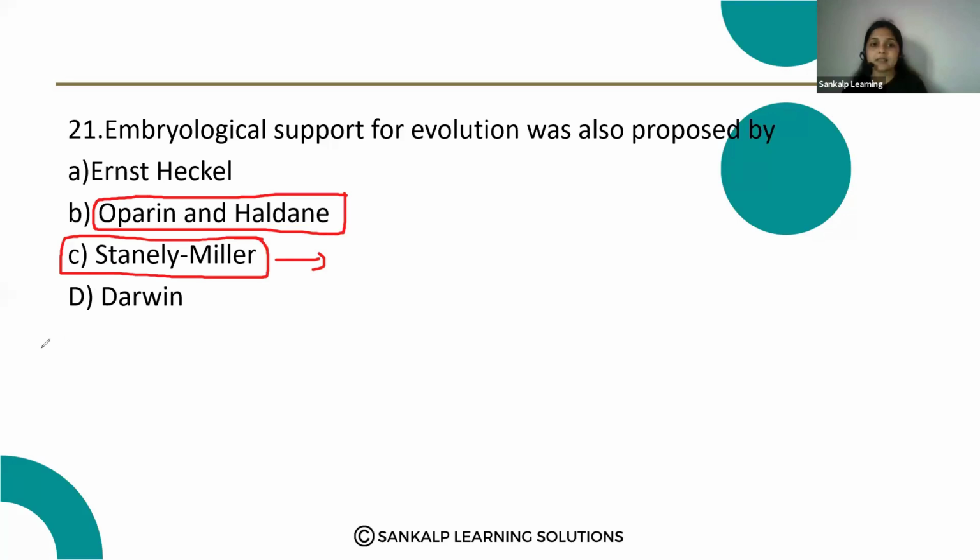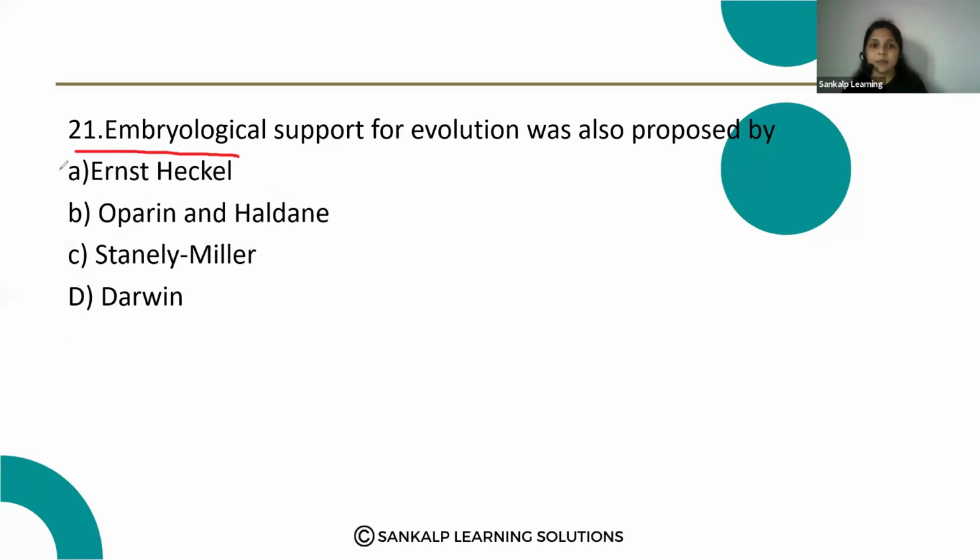The correct answer is Ernest Haeckel. If you observe the embryological stages of different organisms, reptiles, birds and humans, the early stages are similar in all of them. According to this, he says that all organisms evolved. That is the embryological support for evolution.